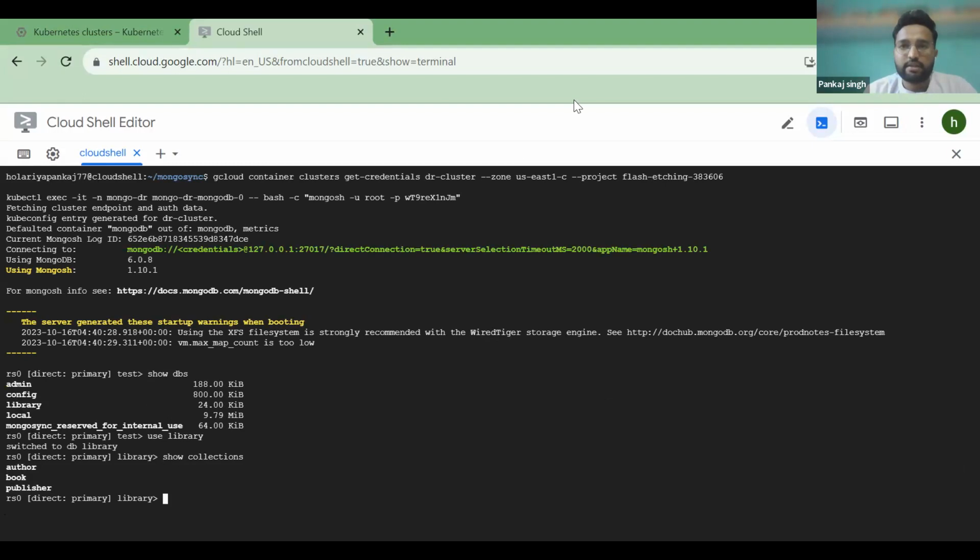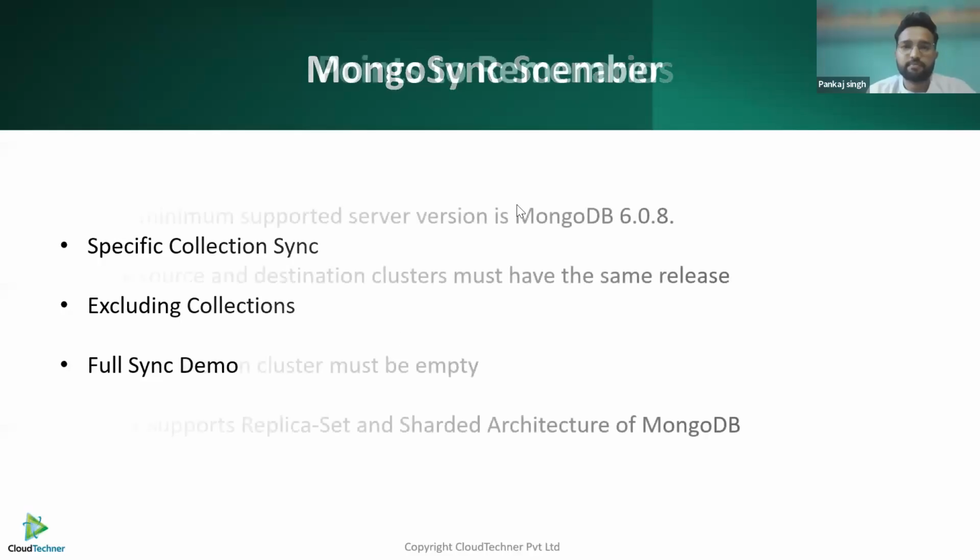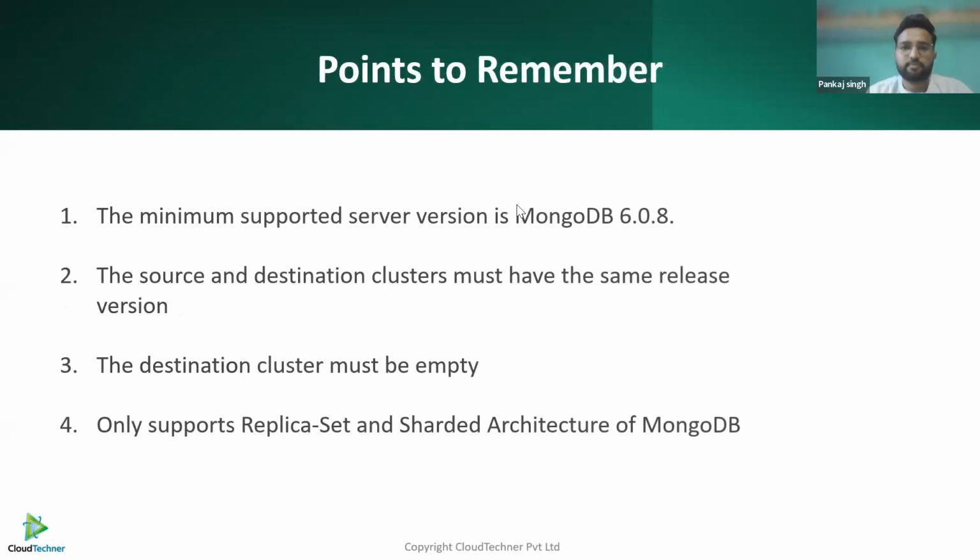Let me share some points as well. Let me reshare my screen. Points to remember while syncing with Mongosync: the minimum supported server version is MongoDB 6.0.8, and the source and destination clusters must have the same release version.